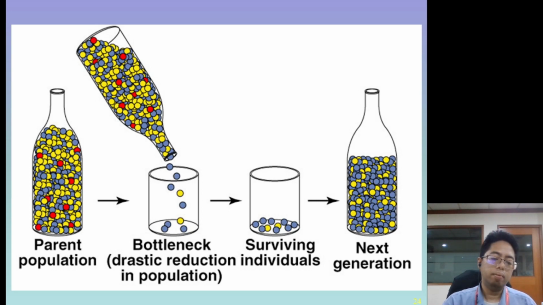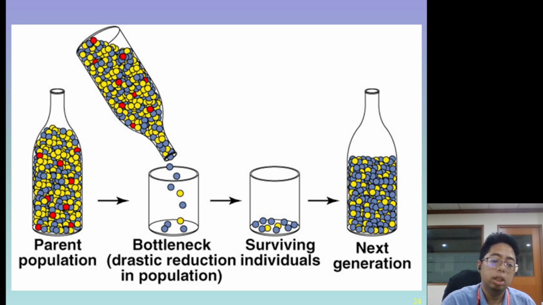In this simulation, we can see that there's a drastic reduction in the population. Instead of having a lot of yellows, you have a lot of blues, some yellows, and no reds at all. So you can say that the red did not survive. The surviving individuals will make the next generation.